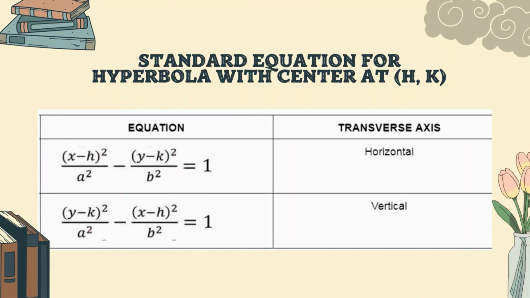We have here the standard equation for a hyperbola with center at h, k, in which there are two equations for the transverse axis, either horizontal or vertical.